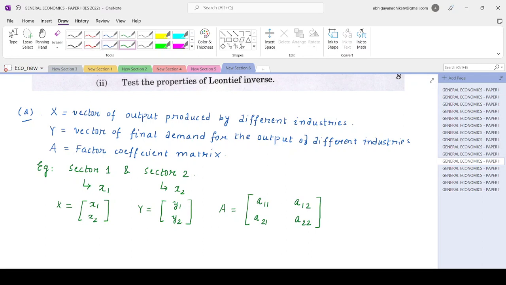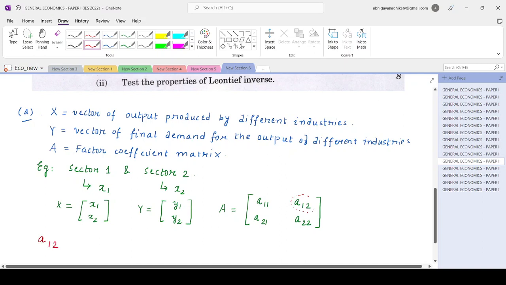Okay, now let us see what I mean. Let's, for example, interpret this term A12. What does it mean? It basically means the number of units of sector 1's output required to produce 1 unit of sector 2's output.